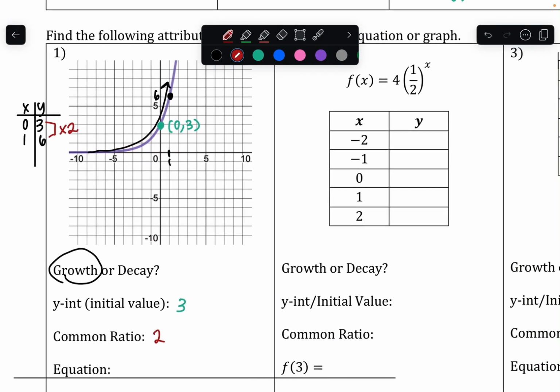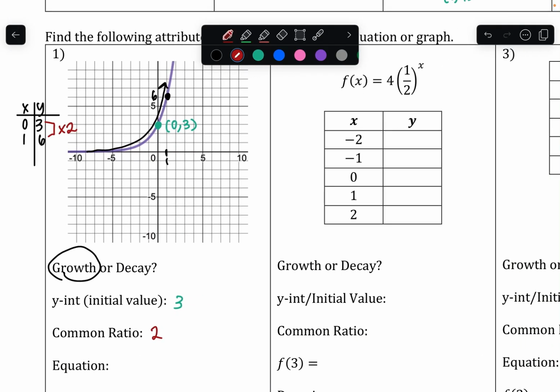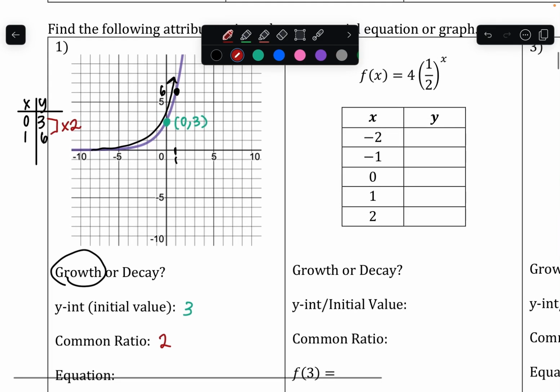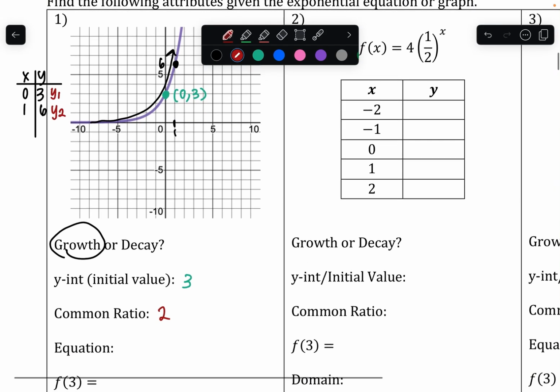The other way, sometimes it's not obvious like a 2. Sometimes it's 0.85 or 1.05. What you can do is take your y-intercept, that's your y1, take your second y value and call that y2, and you're going to get your b value, the common ratio, by dividing your second y by your first. So in this case, 6 divided by 3 would give us that 2.